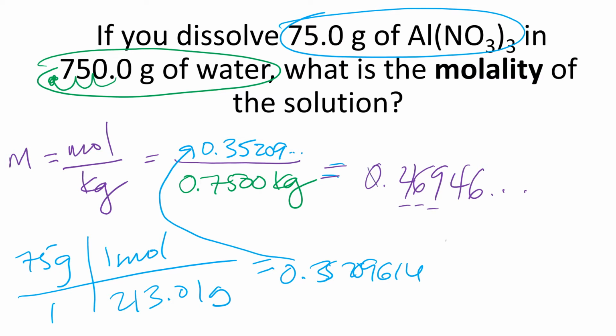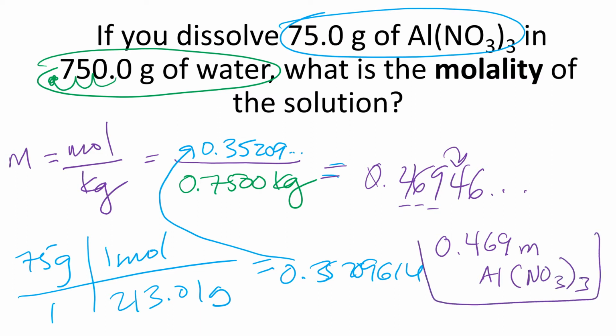That 0 doesn't count, so 0.469, then lowercase m, then Al(NO3)3, boxed in.